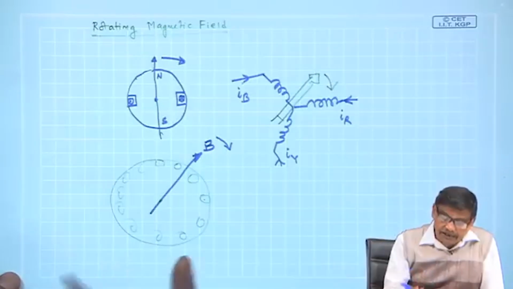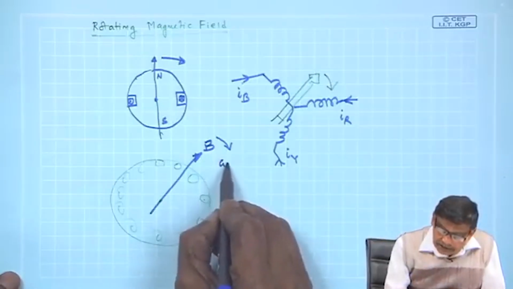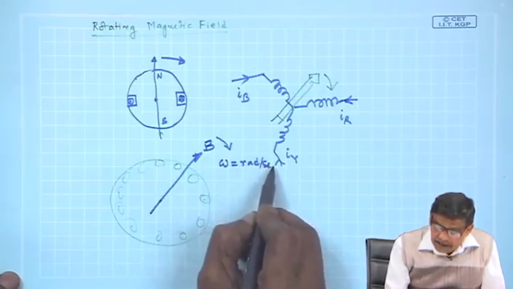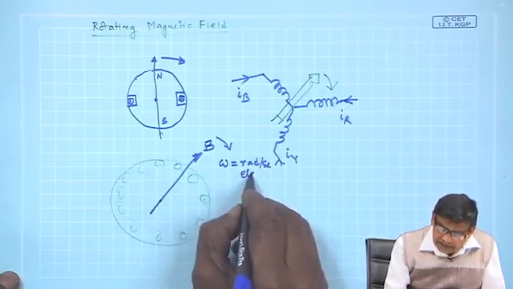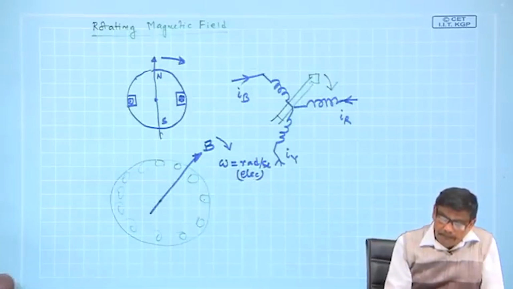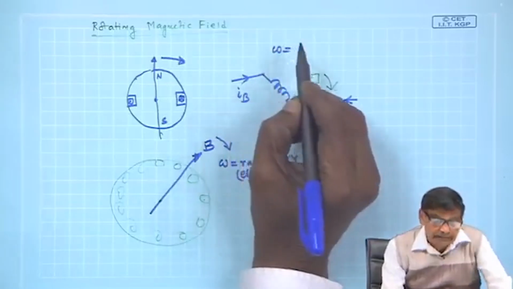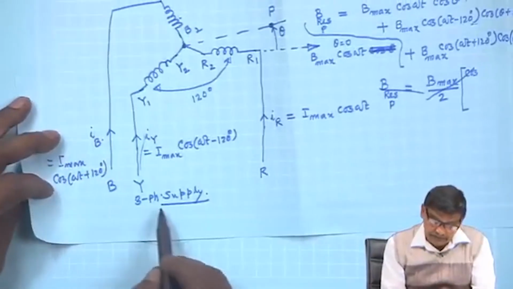Now, what is the speed? We have seen that the speed is nothing but omega radian per second, and do not forget to write electrical. And what is omega? Omega is nothing but the supply frequency of the 3-phase supply.